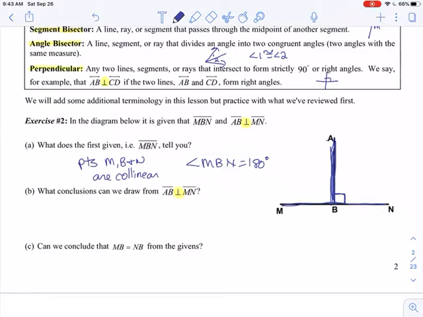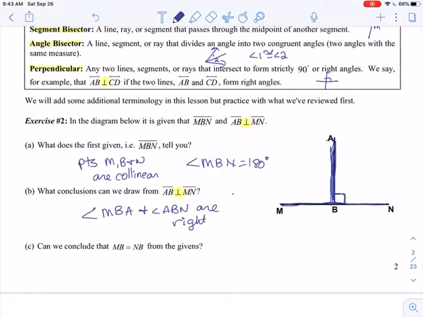But I put my symbol in there to remind me. And then I would say that angle MBA and angle ABN, the one on the right, are both right angles.